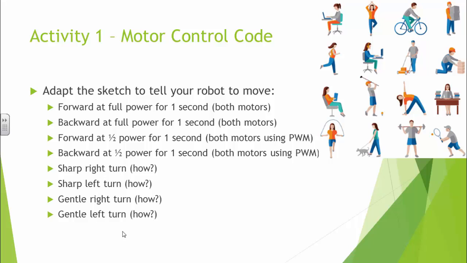Sometimes funny results happen after you've done wiring it up. You can design things for sharp right turns and gentle right turns, the same for left turns. If you want to, you can write your own functions for these things. Once you've designed this stuff, you can test your code by watching the motors spin.